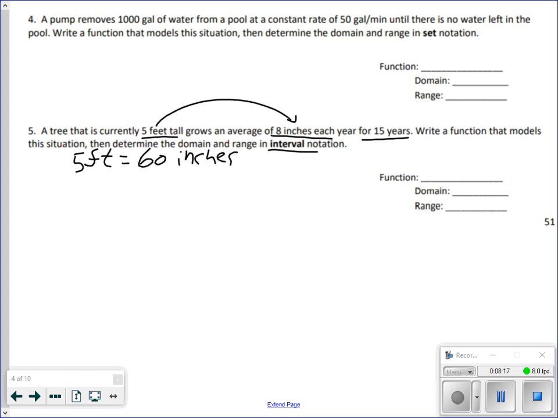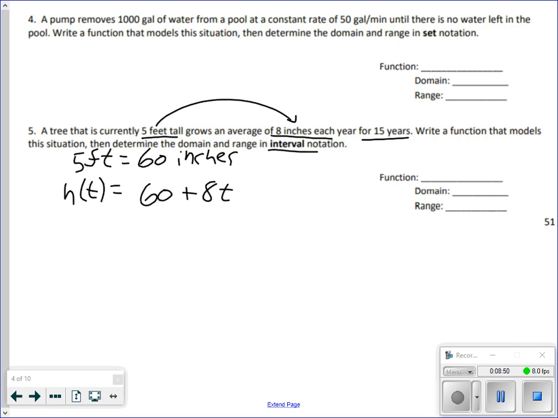All right. So now that I know that my tree starts at 60 inches tall, and I'm going to add 8 inches every 1 year, we're going to multiply that 8 times x for how many years it's been. Every year, we add 8 inches. So that means my height of the tree, my h of t. So I should change that x to a t as well.